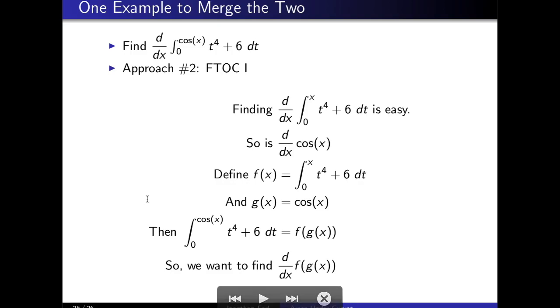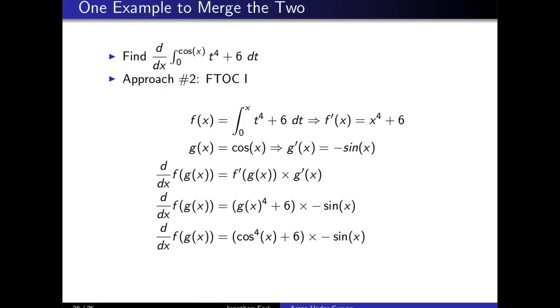Okay, so then we want to find the derivative of f of g of x. So we'll just use the chain rule. Our f prime is x to the 4 plus 6 from the fundamental theorem of calculus part 1, and our g prime is minus sine, something that we've done a bunch. So our derivative with respect to x of f of g of x is f prime of g of x times g prime.